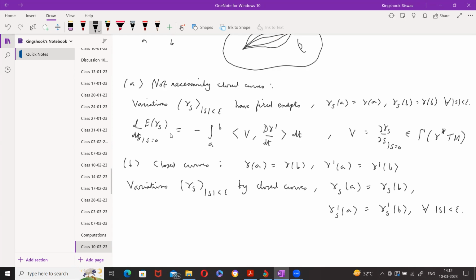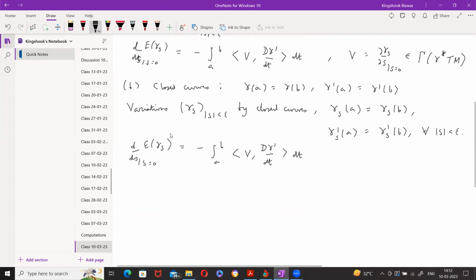Is that clear? Then again, you have the same formula for the first variation of energy: minus the integral a to b of the inner product of the variational vector field with D gamma prime dt.